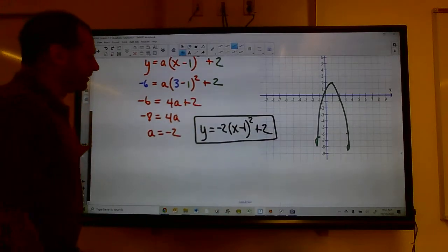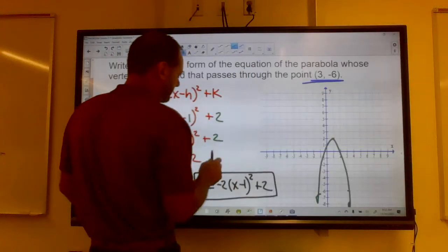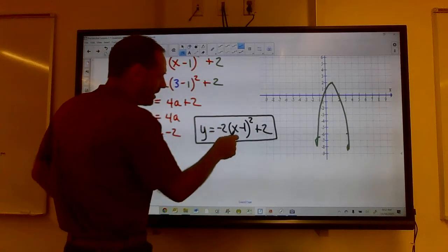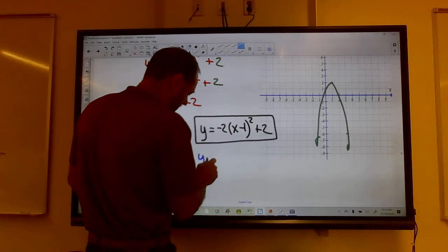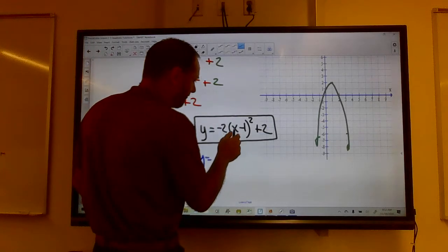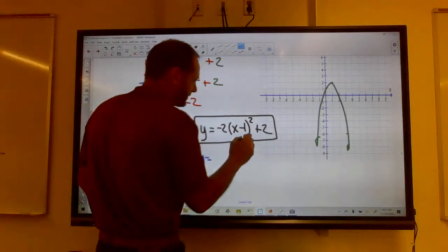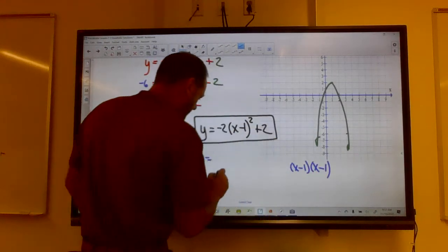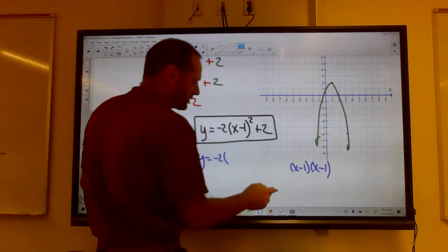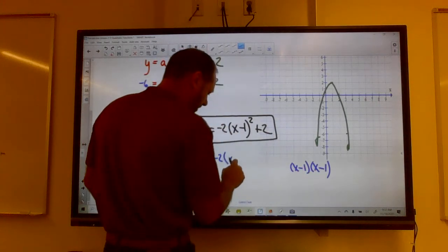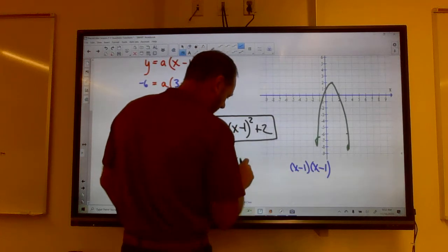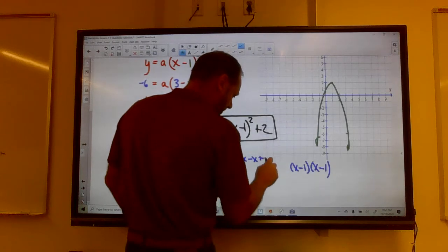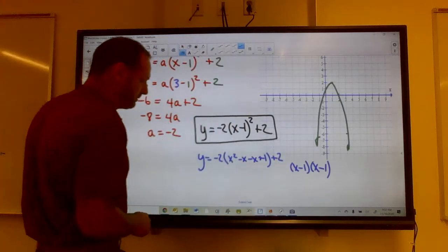Now, if you need it in the other form, I might as well just show you how to do that. I would take this and square it. So remember, you're going to FOIL. This is x minus 1 times x minus 1. And so you're going to get -2 times, the first would be x squared, the outside would be -x, the inside would be -x, the last would be +1, +2.